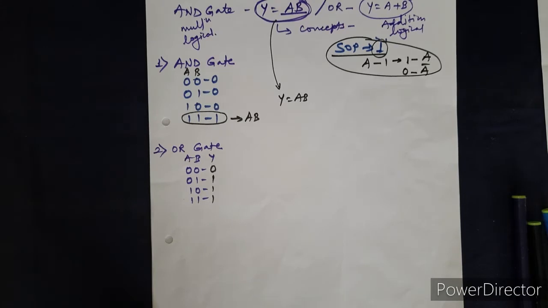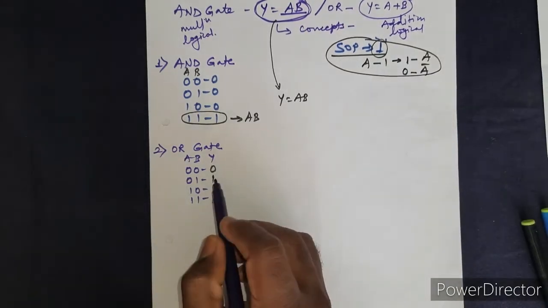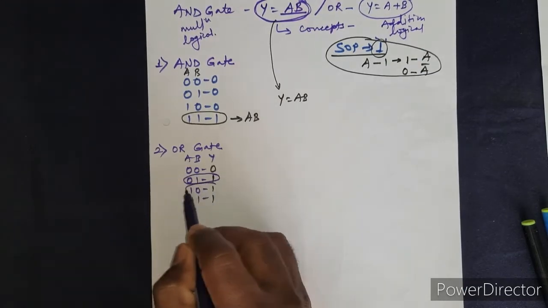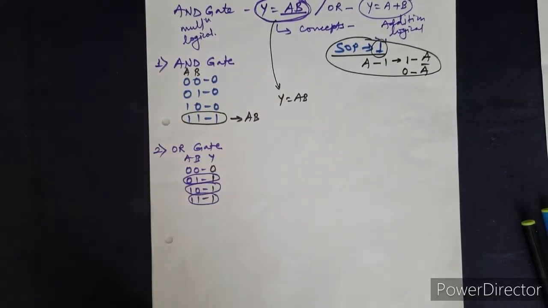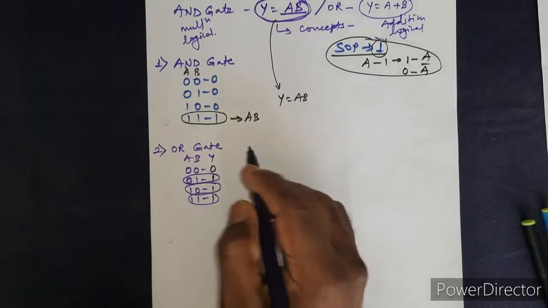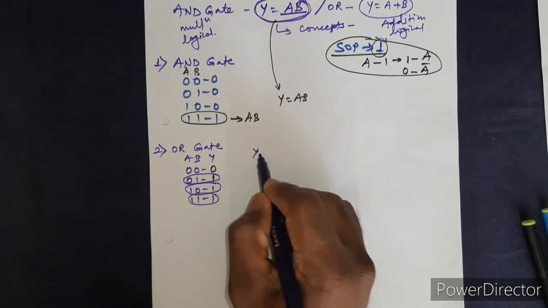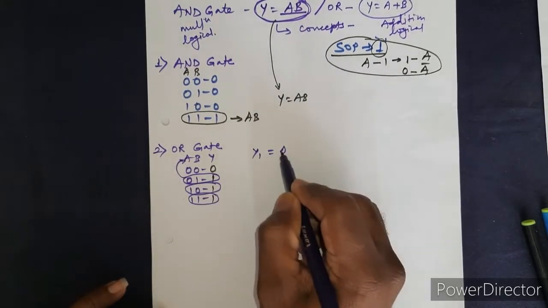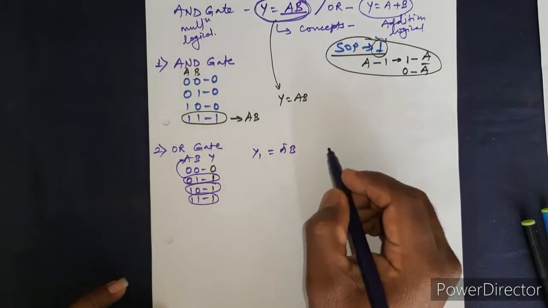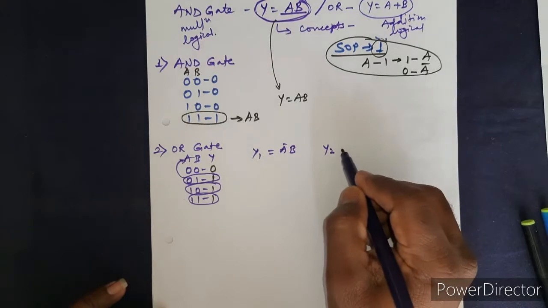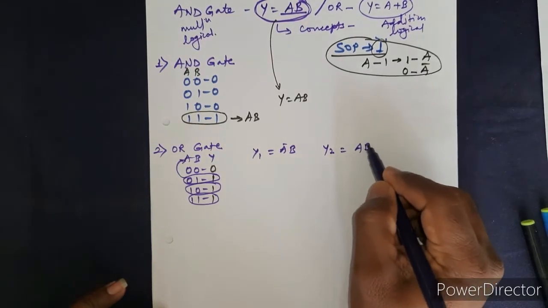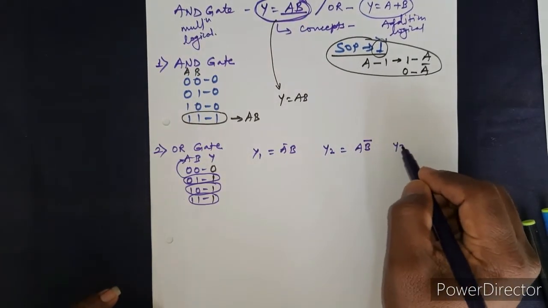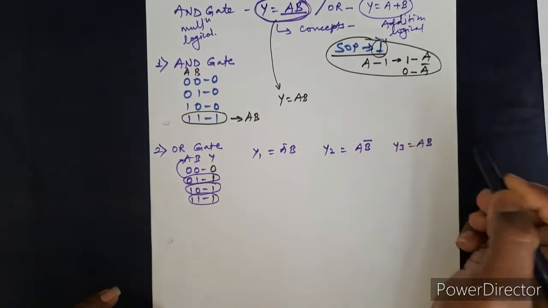Now let's see how we can solve this, because here we have three entries. First, y1 is 0 1, means it is a bar b, y2 is equal to a b bar, and y3 equal to ab.